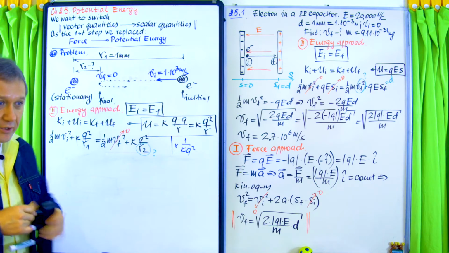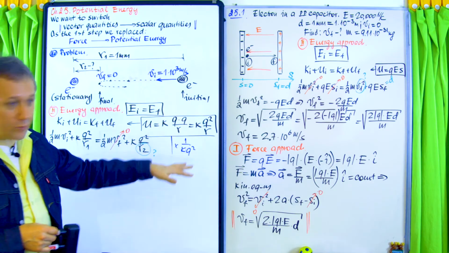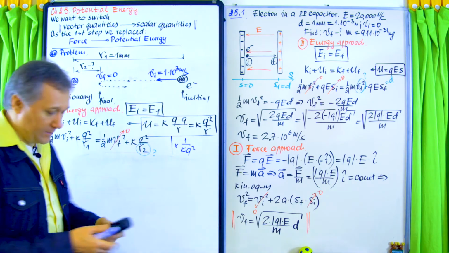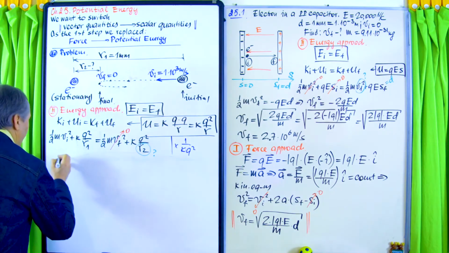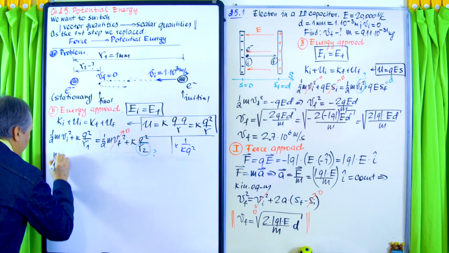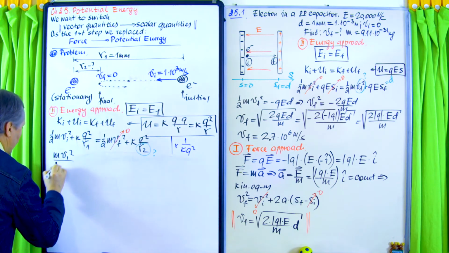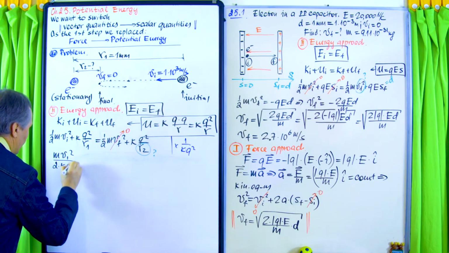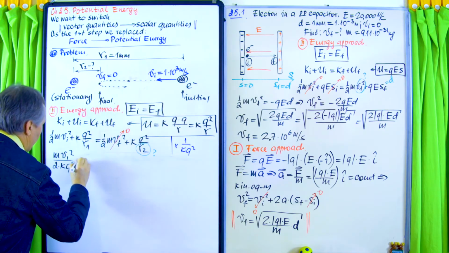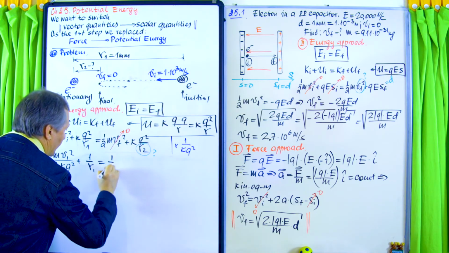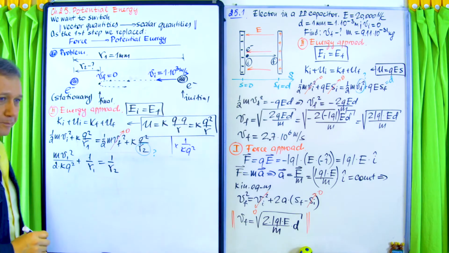Basically dividing each of these terms by kq squared. Again, the goal is to free the unknown from any factors. As a result, we will have mv1 squared divided by 2kq squared. This will be just 1 over r1, and here I will have only 1 over r2.